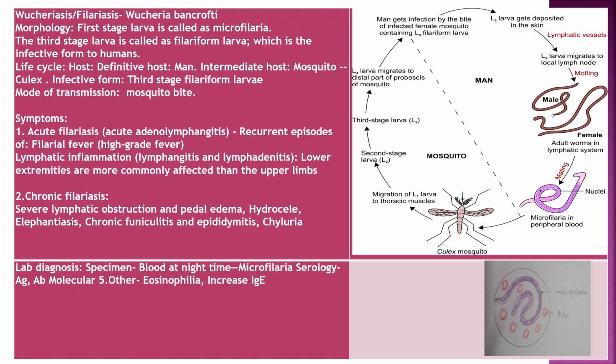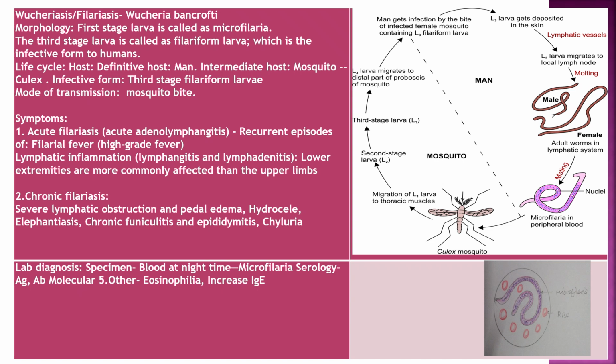Then mating takes place, and then microfilaria in peripheral blood. After again a bite by a Culex mosquito, migration of L1 larva to thoracic muscles, second stage larva L2, then converted to third stage larva L3. L3 larva migrates to the distal part of the proboscis of the mosquito, and then again with the bite, man gets that infection.